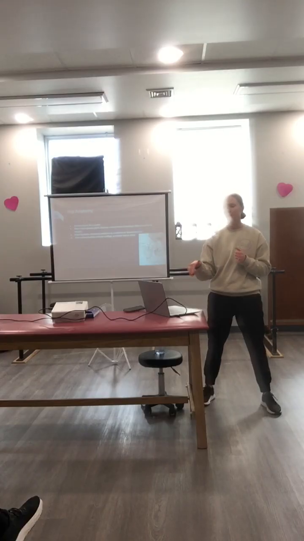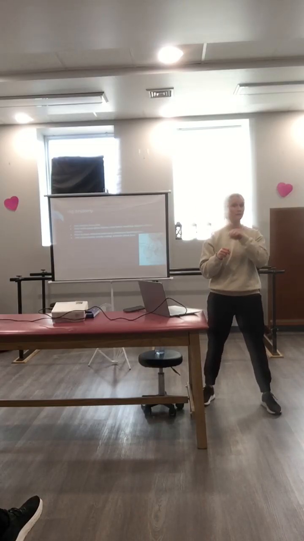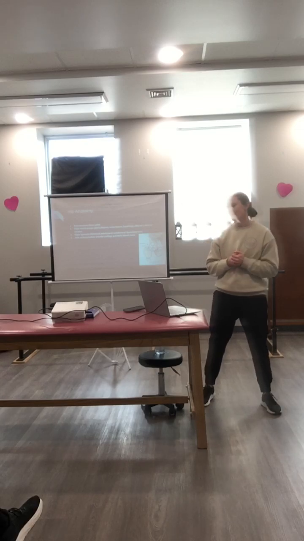And I have some stuff later in the presentation, but factors like age and weight, all of that can contribute. So it's coming from a multitude of sources, but yes, the arthritis itself is going to be at the joint level, in most cases.